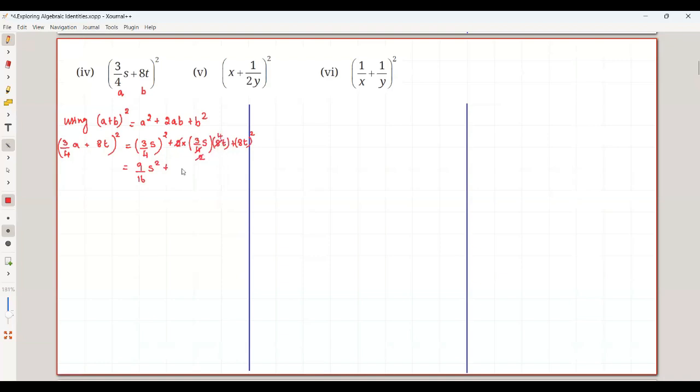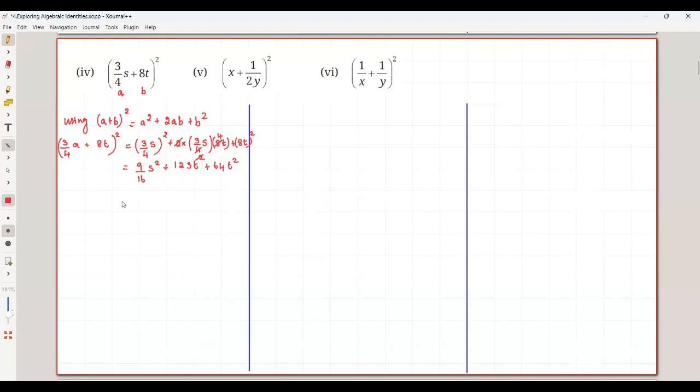So balance 3 and 4. 3 4s are 12. S into t is st. Plus 8 square is 64, plus t square. Further we cannot simplify it. So 9 by 16 s square plus 12 st plus 64t square. This is the final answer.